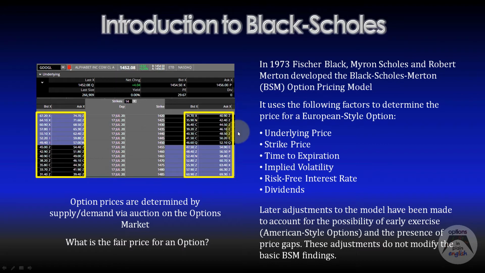If it's an illiquid market, the bid-ask spread is going to be very wide, and probably those prices are not going to be close to what the theoretical price would be. Now let's take a look at the actual option pricing model and see if we can understand how it works and how it considers all these factors to get a fair price for a call or for a put.